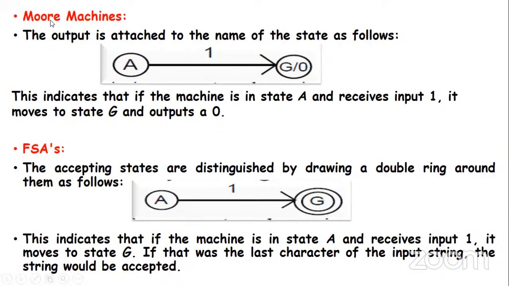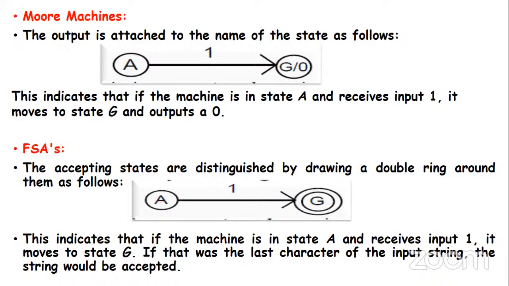So we have the Moore machine, and we define the working as there being an output upon a transition from one state to the other. For the FSA, we have that there's a transition. Then we say that we use a double arrow to represent the accepting state or final state.